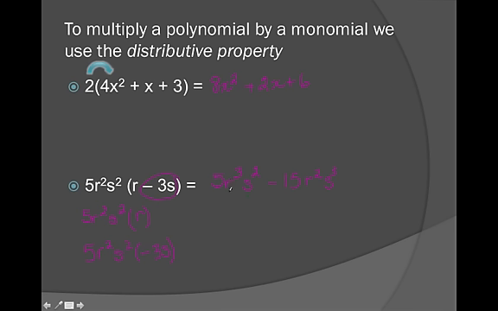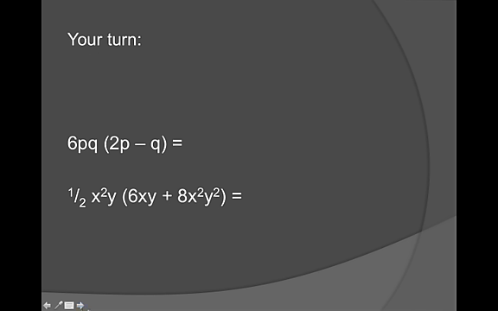And notice my bases, my variables are different because this is r cubed and this is r squared, so I cannot combine them. I've got a subtraction sign in between those. So this is one type of r, these are purple r's, and these are green r's. Those won't combine. Okay, so you've got the opportunity to try these on your own, and pause your video and check back for your answers.